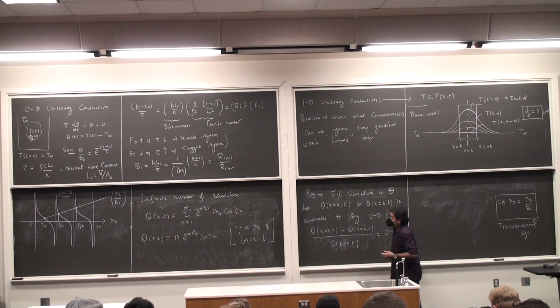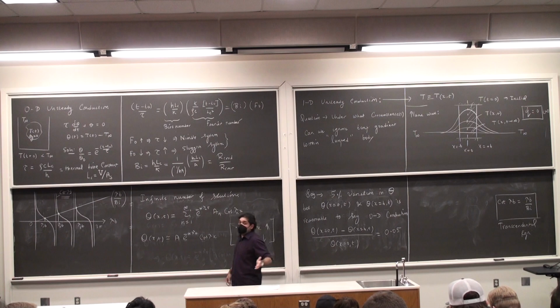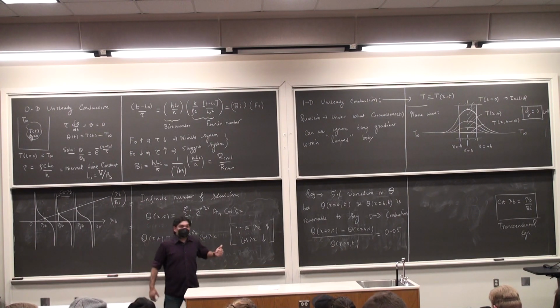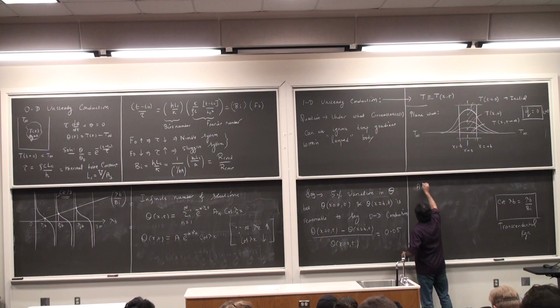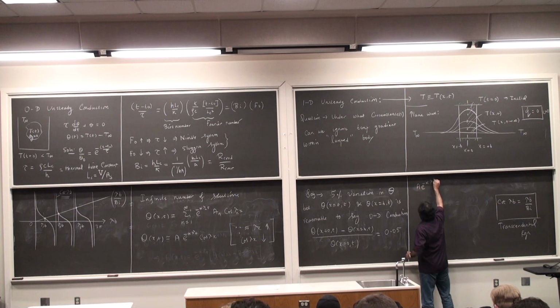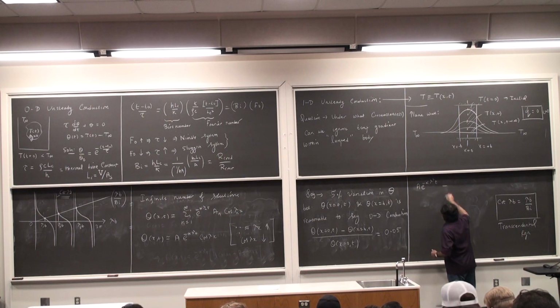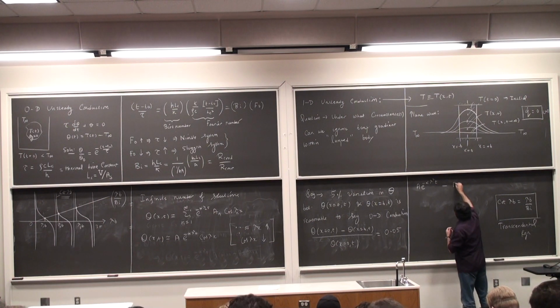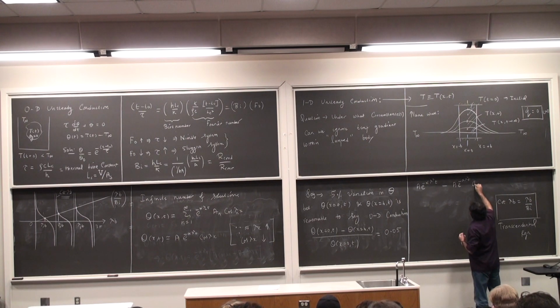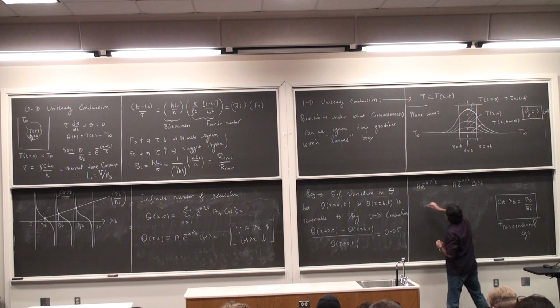So when x is equal to 0, cosine lambda x is 1. So I have A e to the power minus alpha lambda square t minus, when x is equal to b, I end up with cosine lambda b, so A e to the power minus alpha lambda square t cosine lambda b.